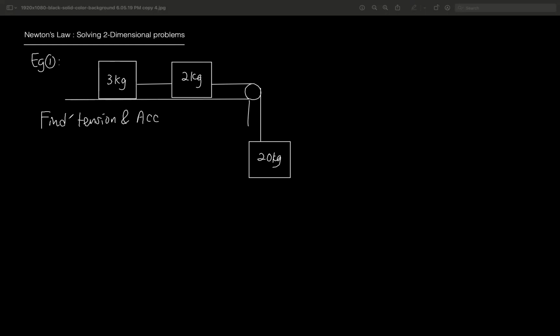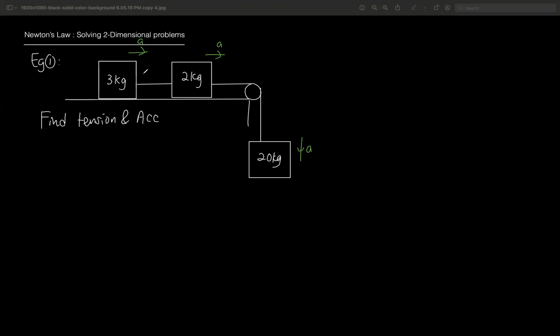How do we solve it? Now, our final answer is the tension and the acceleration. First, let's understand the acceleration. If we have a system that is connected by strings, when this object accelerates this much, all the objects are going to accelerate the same, because they are a connected system.